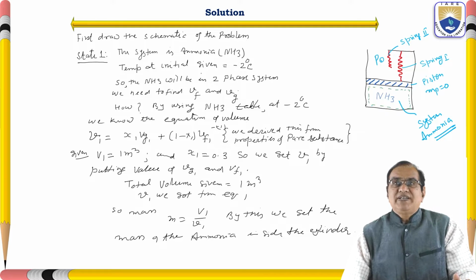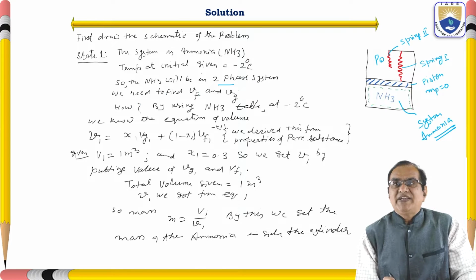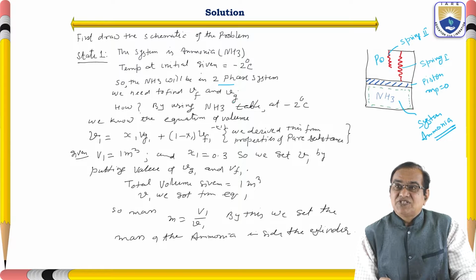So we need to find, for the two-phase system, Vf and Vg. Vf is the specific volume at the liquid state, saturated liquid, and Vg is the specific volume at saturated gas.